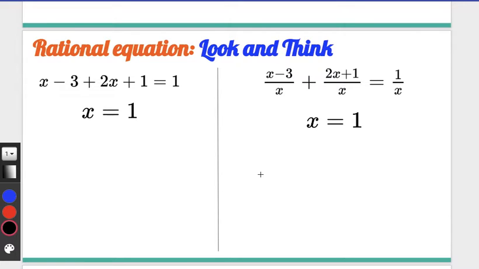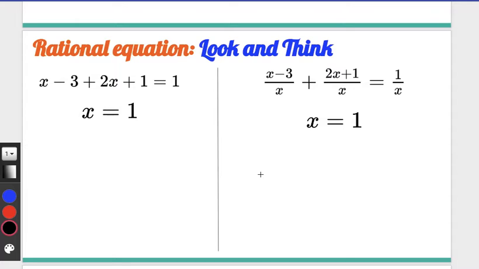You can definitely pause the video and think about what you notice. These are two equations, left and right, and x equals 1 is actually their solution. I want you to pay special attention and think about what funny or interesting thing you notice.